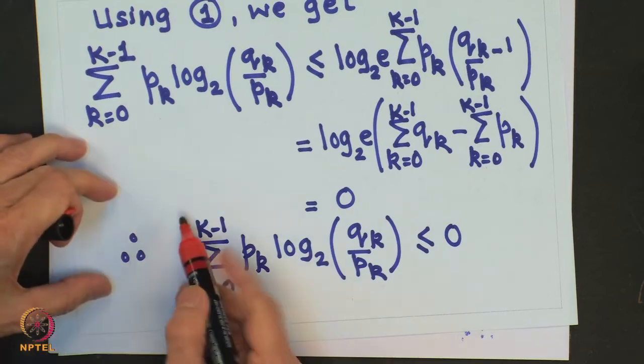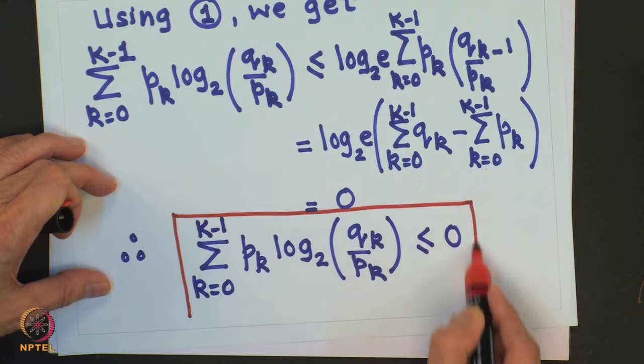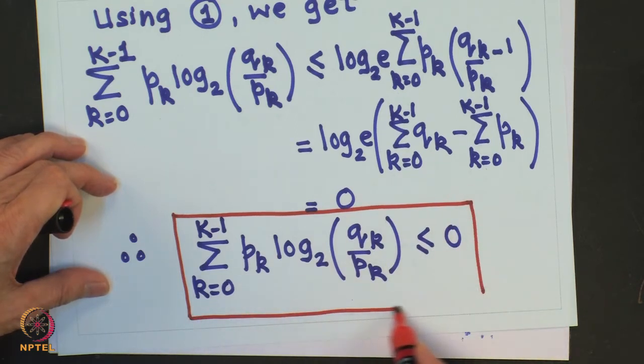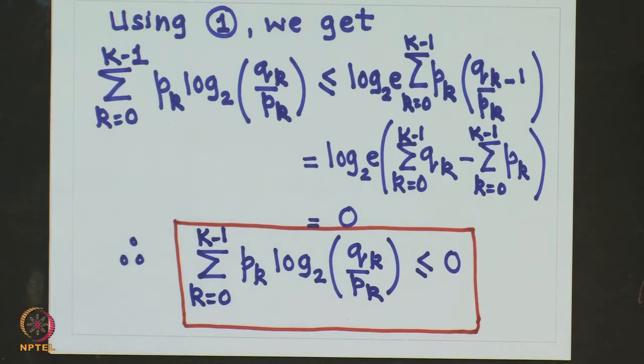This is a fundamental inequality which is used very often in the literature on information theory.